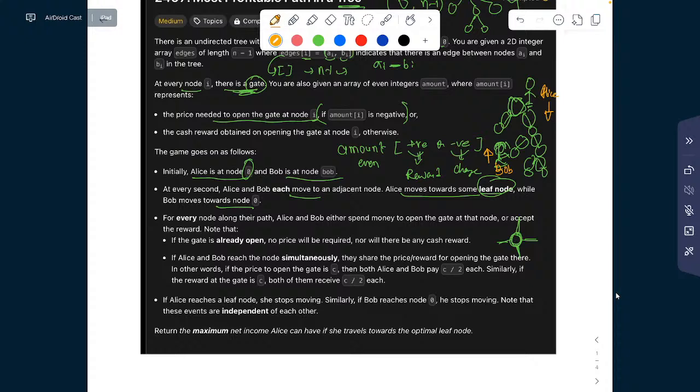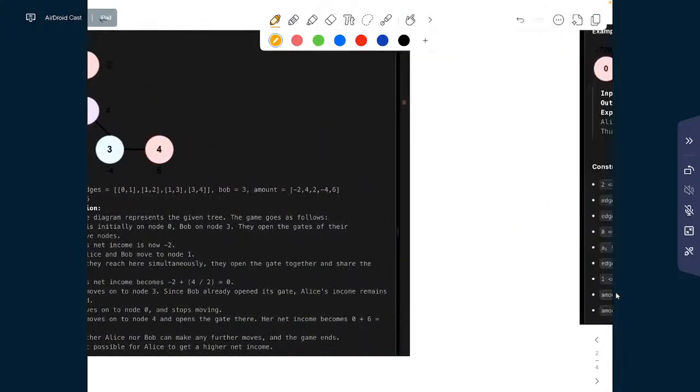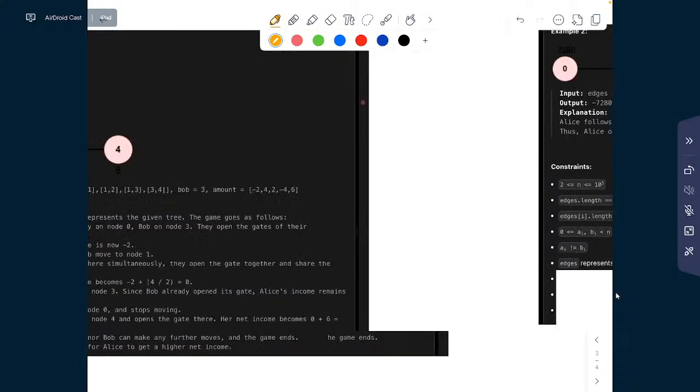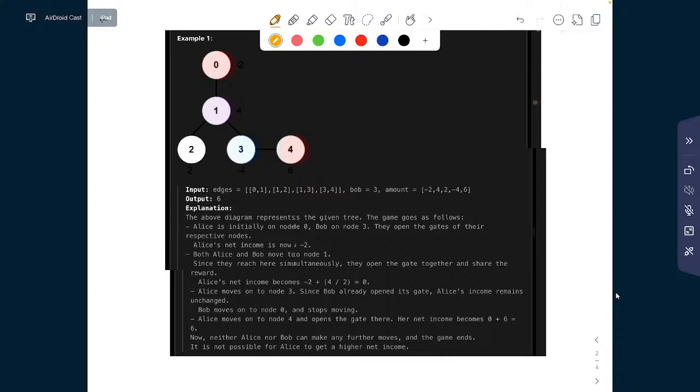If she travels towards the optimal leaf node. Is there any other constraint? I don't think so.